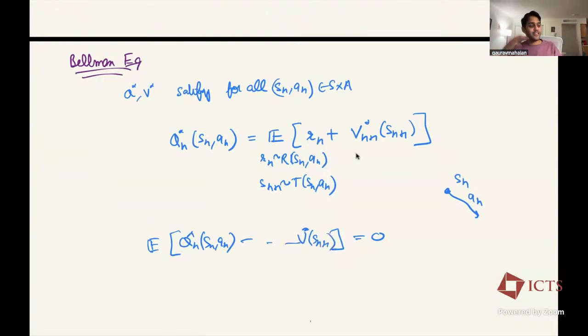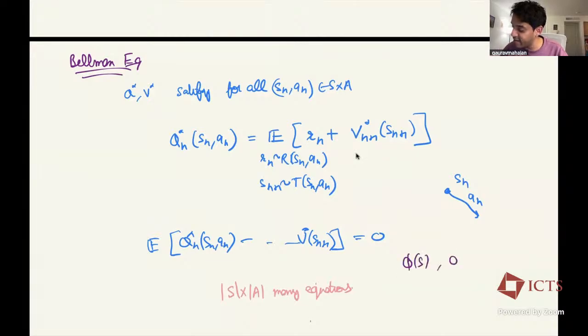But it's really many equations, one for each S, A. What you can show is that these equations are actually linear in the features, the phi s and phi s comma a.